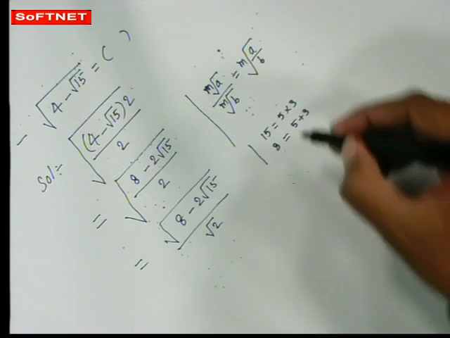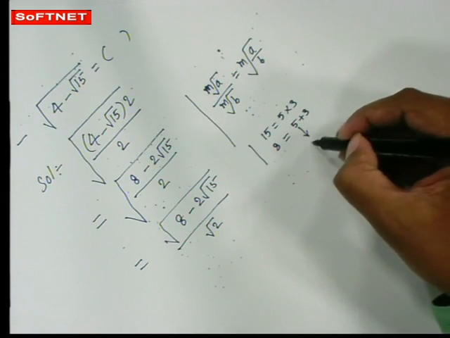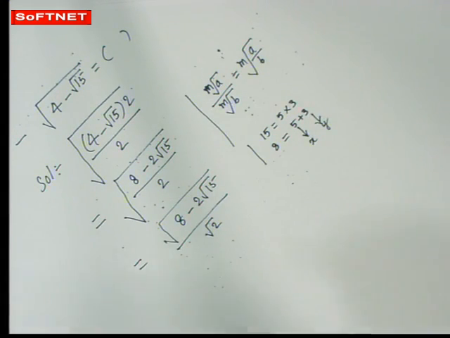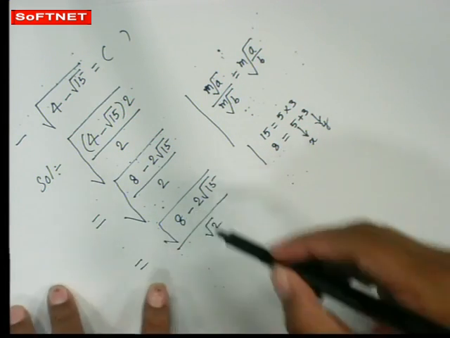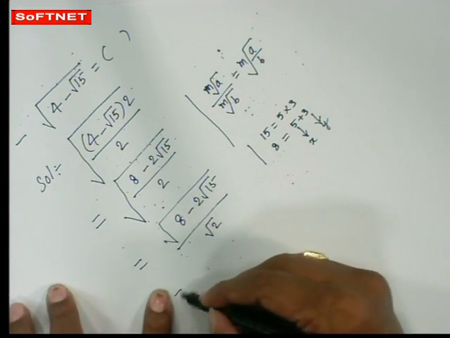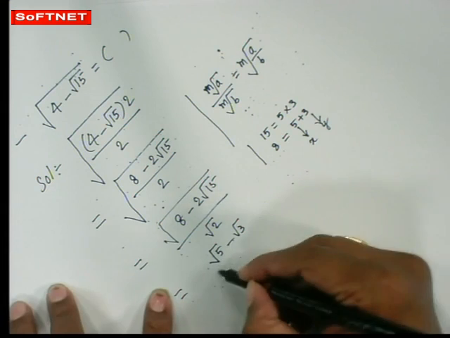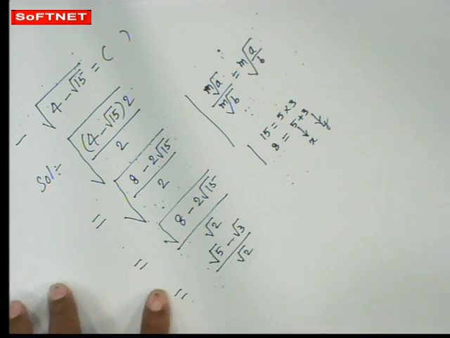Now we shall consider this one as x, this one as y. As we have minus here, this will be root x minus root y. So root 5 minus root 3 by root 2. Need I explain, or can I write directly? Okay, directly we can write also: root 5 by root 2 minus root 3 by root 2.